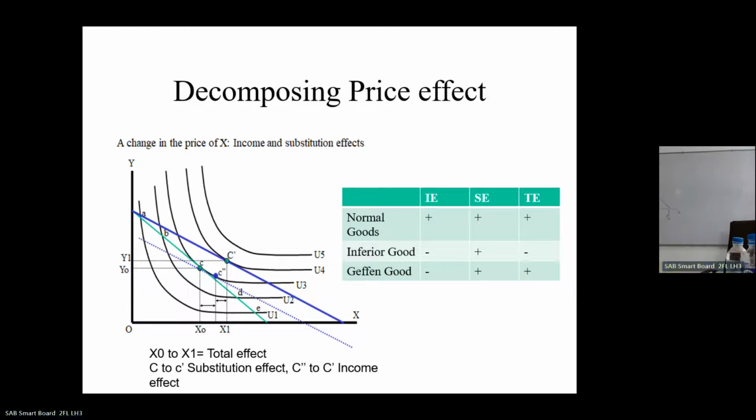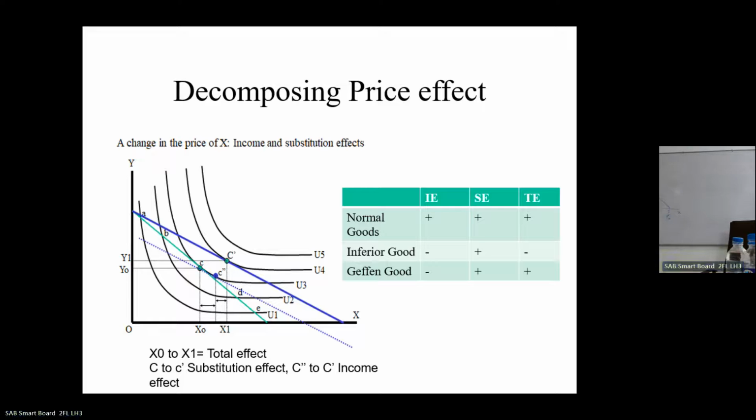So when we remove the income effect by shifting the budget line parallel to the existing one, that particular combination is the point C double prime.